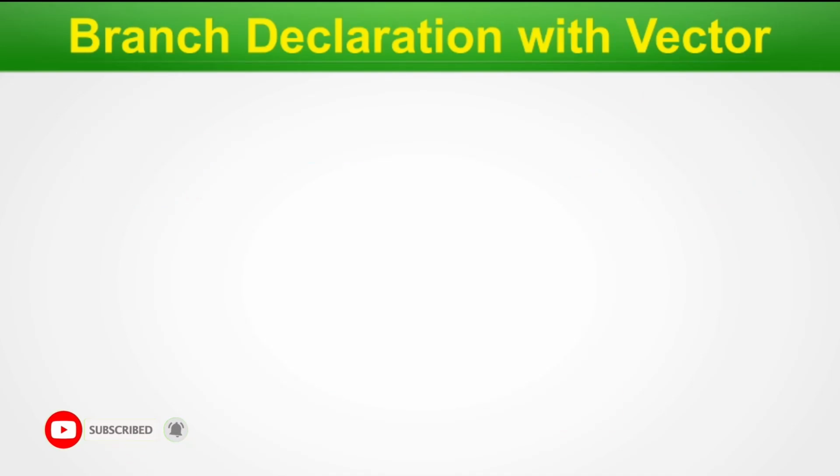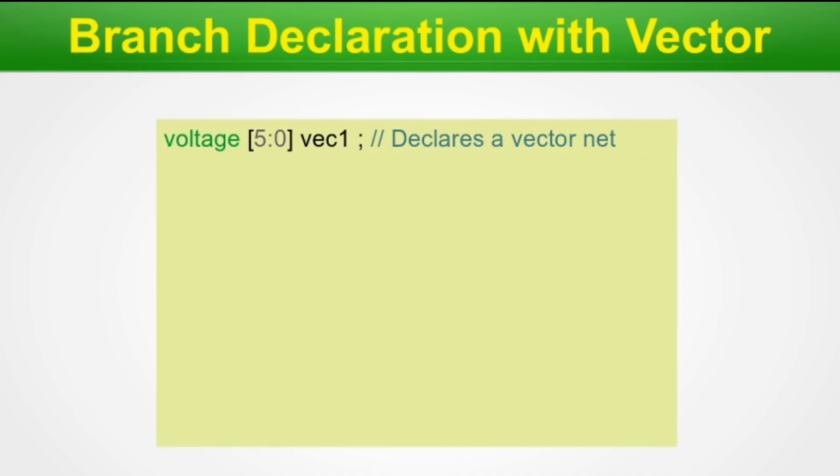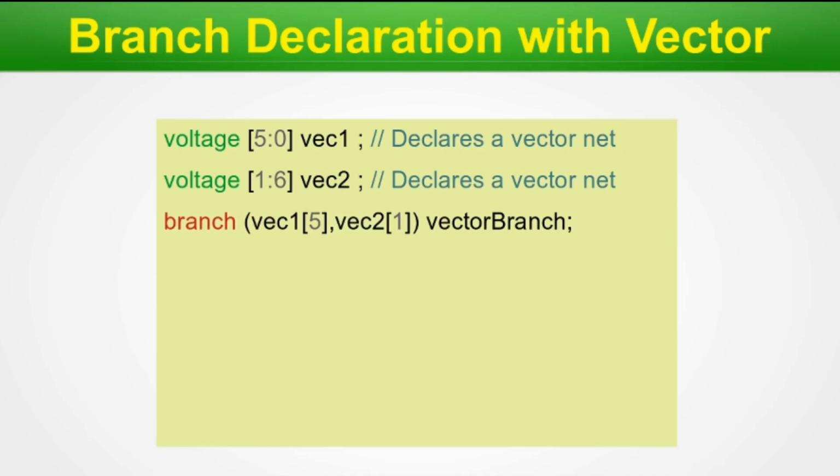Now, let's come to this particular topic, branch declaration with vectors. Here, we declare a vector net of voltage, going down to 0, named vec1. And we also declare a vector net 1 up to 6 as vec2. Now, the branch corresponding to these nets will be declared like this.